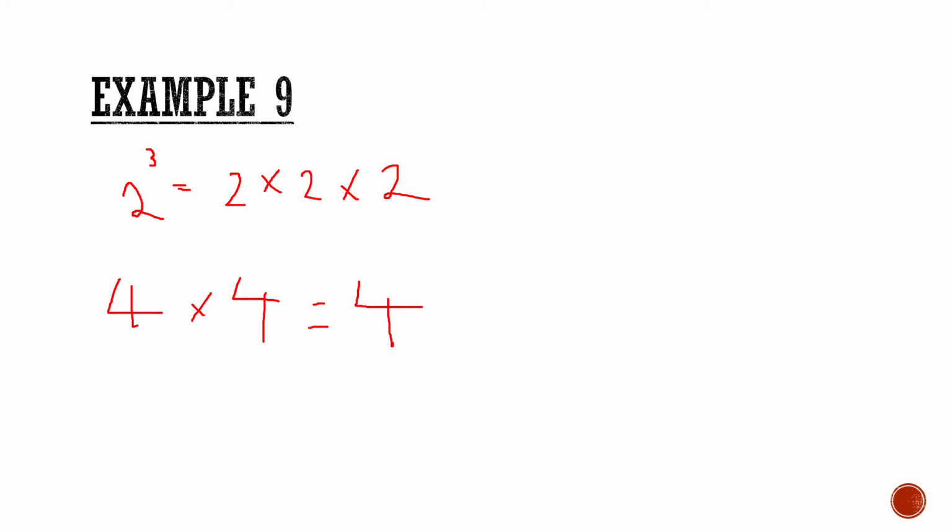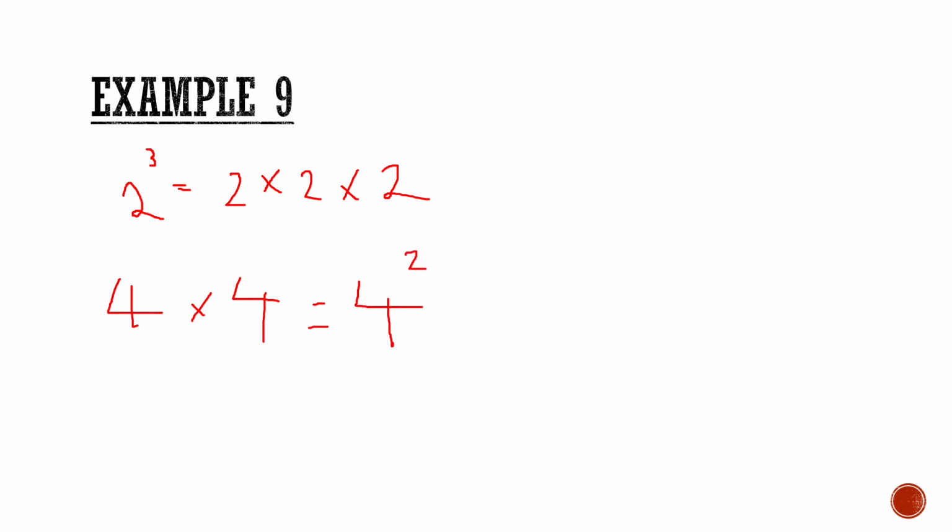Okay, right, guys, so just in summary. Today's video was looking at indices or index, so writing things as powers. So for example, if I have 2 to the power of 3, that is written as 2 times 2 times 2. Okay, so the 3 is what I call my index or my power. And for example, 4 times 4 would be written as 4 to the power of 2, or 4 squared.